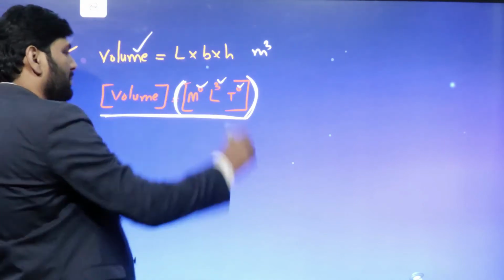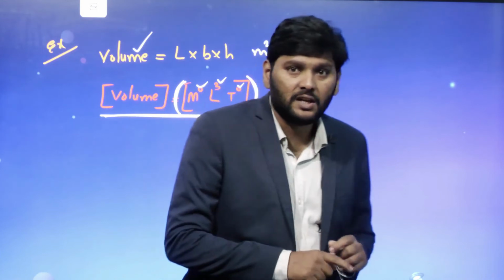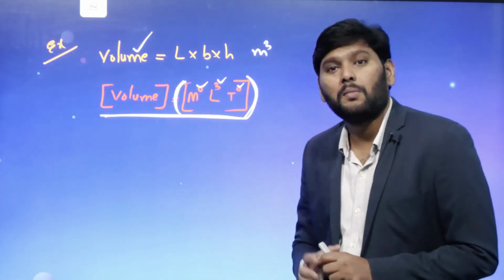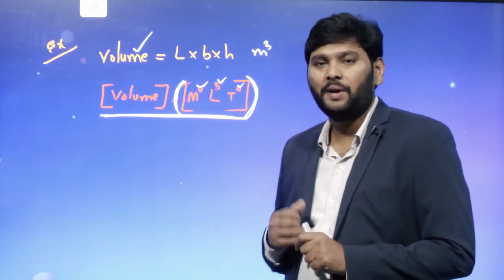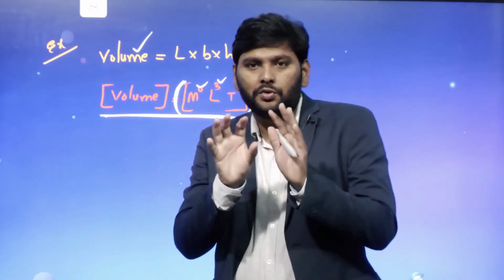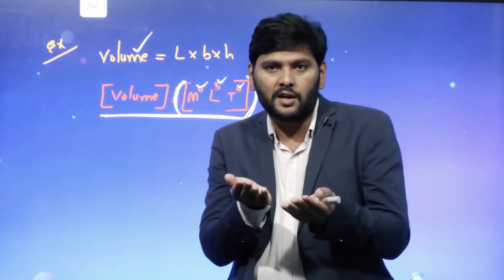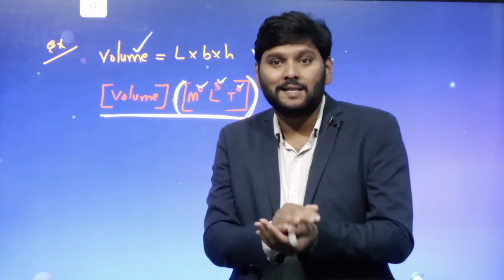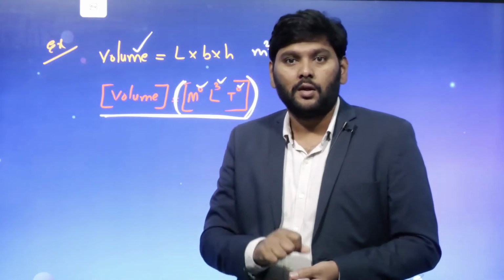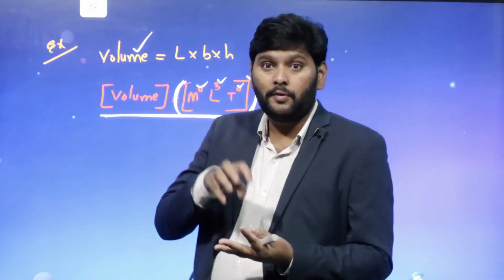The volume dimensions. Now tell me, children, why is the mass contribution 0 here? Because in the volume there is no mass term, right? That is the reason mass power is 0. Why do we have length power 3?